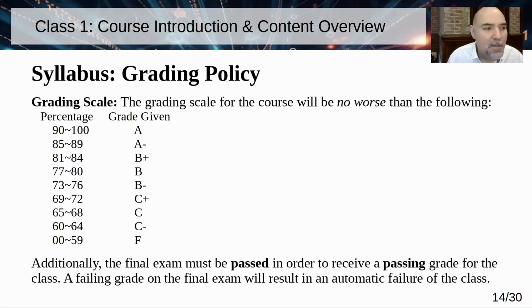And since we're going to be doing a lot of work and a lot of programs in here, that gives you some latitude to miss some things or have some missteps when you're creating some of the stuff. This is probably a pretty good grade scale. One of the things to notice at the top is that it'll be no worse than this. That means that I may curve the grades to help the students as a group, but I'll never curve the grades to hurt the students.